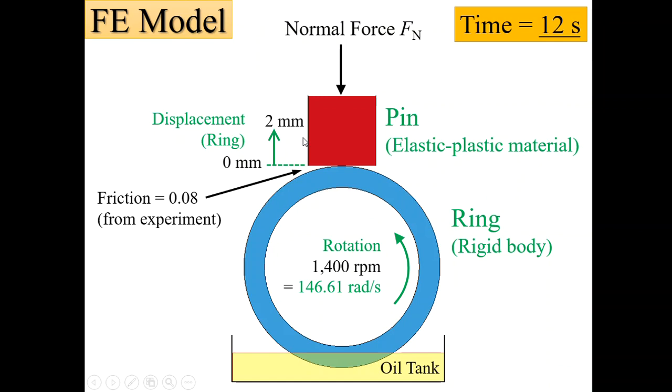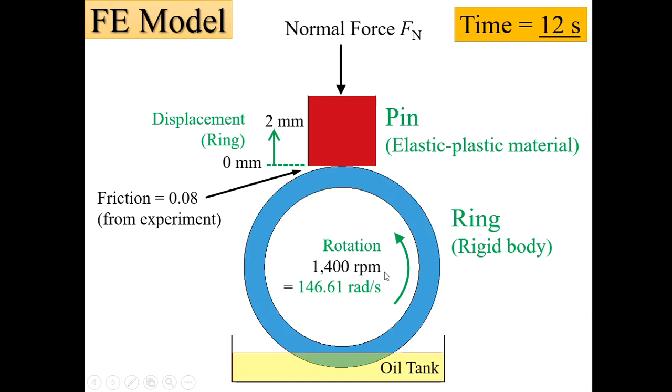So here we can set it 0 to 2 millimeter or maybe to 4 millimeter within 12 seconds. The pin is assumed to be an elastic-plastic material, and the ring, although they are of the same materials, we assume it is a rigid body, which is a non-deformable body.